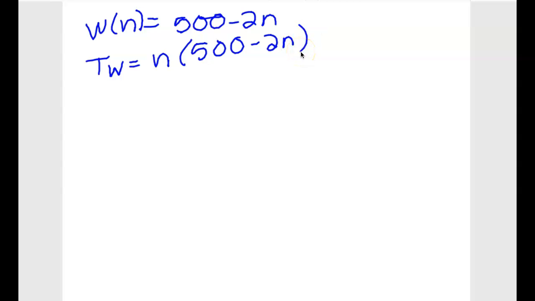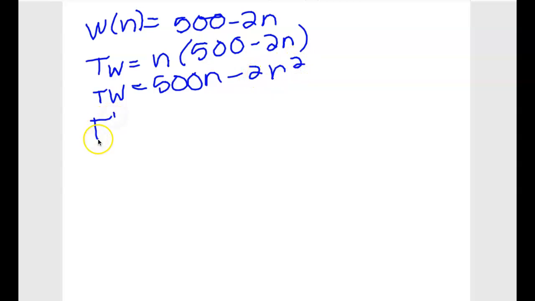And then it says, what is the value of n that will maximize the total fish weight? So we want to maximize total weight. Total weight is 500n minus 2n squared. So then the derivative is 500 minus 4n.